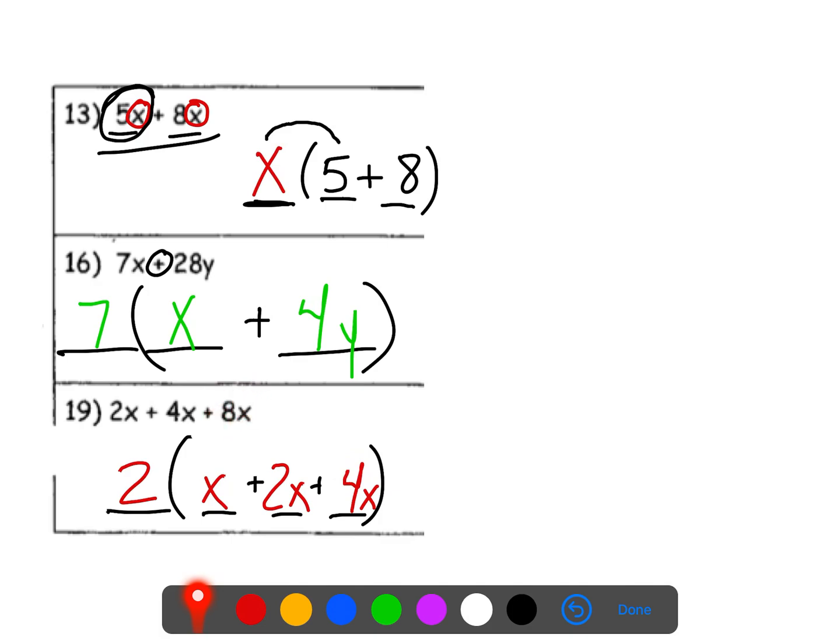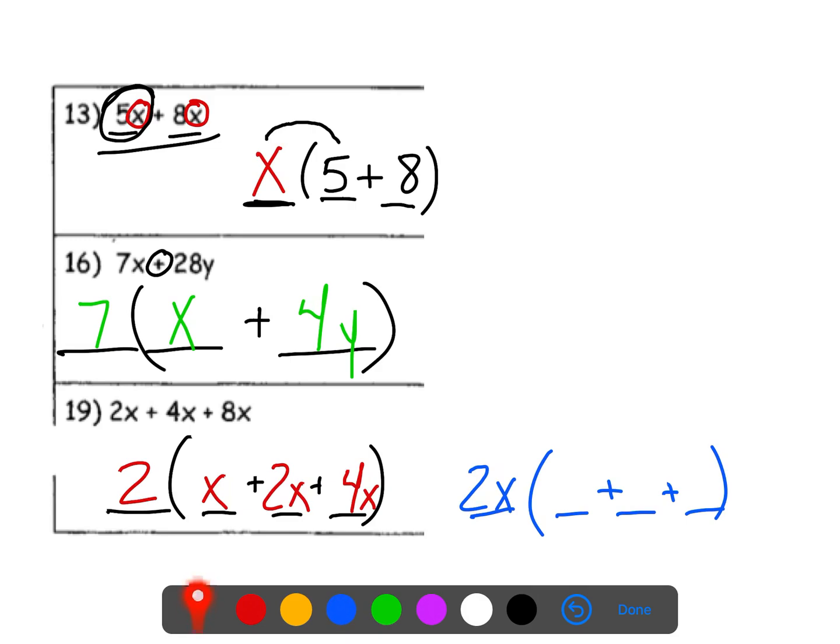Now, really, what I could have done is, since all of these also have an x there, let me show you what I mean. I could have taken the x out as my factor out here as well. So let me just show you another way to do that. So I still need my 3 terms inside being added together. We said 2 was going to be our factor, but I'm also going to take out an x.